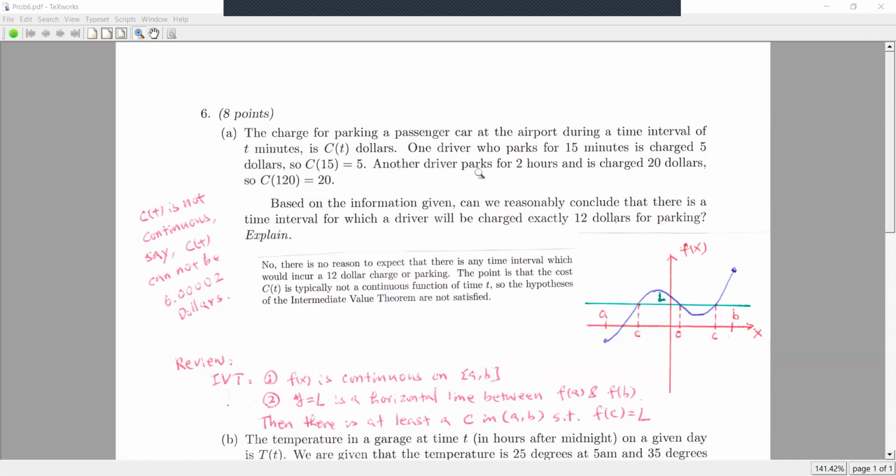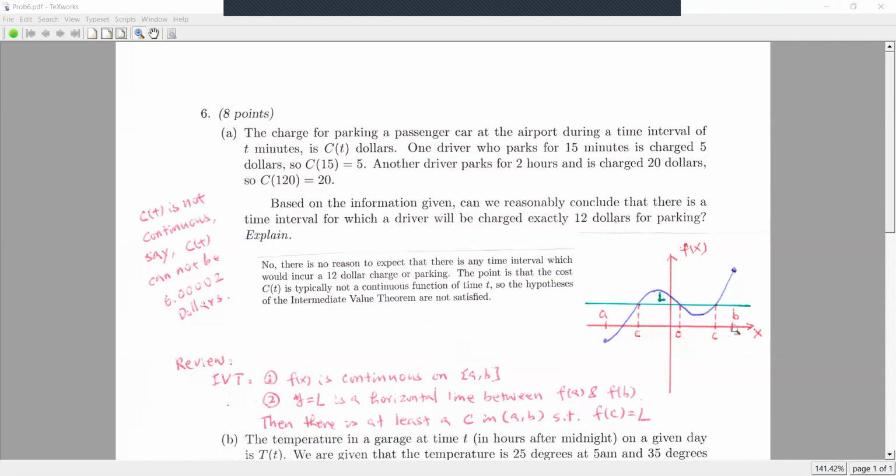Another driver parks for 2 hours and is charged $20. 2 hours is 120 minutes. So C(120) is 20. In this diagram, b now is 120.